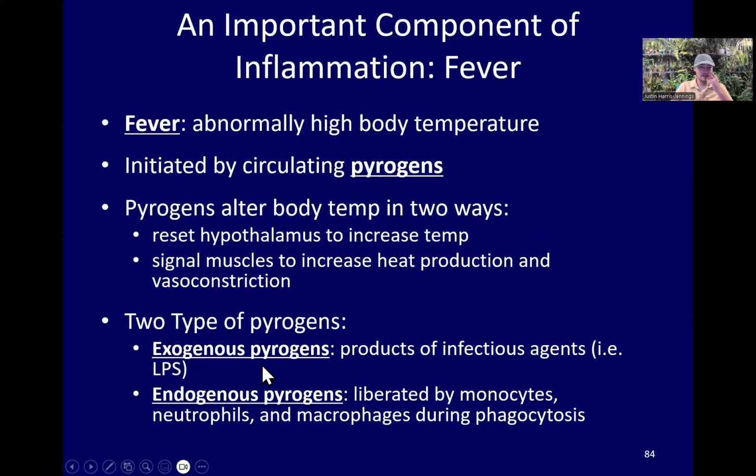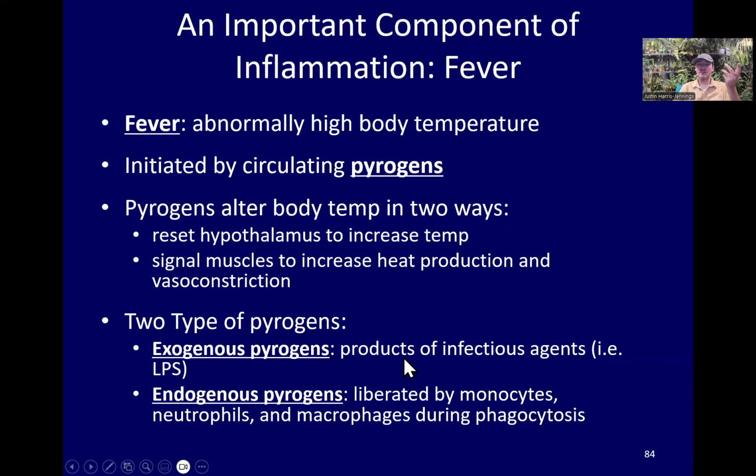So I'm not really sure why it's being called an endogenic pyrogen. But then there are endogenic pyrogens, which are molecules that are being released and caused through that elimination process, right? So we have excreted agents, and then we have subsequent damage that's happening because we're trying to eliminate them, and the trash is essentially causing us to go into this feverish state.